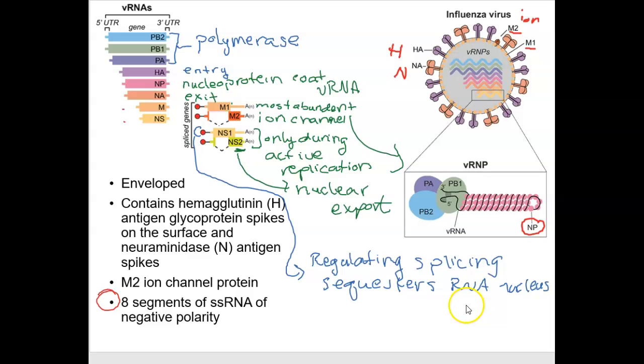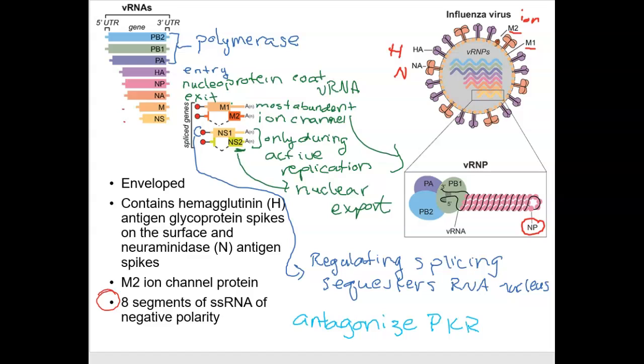By also protecting the viral RNAs and the double-stranded RNA intermediates, this is going to prevent the antiviral state from occurring. This is going to antagonize PKR. So remember the antiviral state. Remember the importance of PKR and interferon.